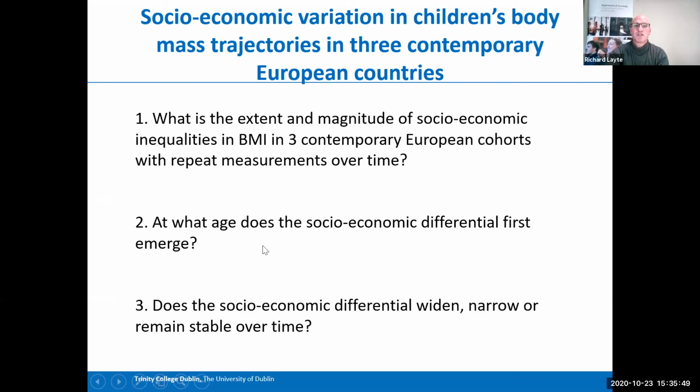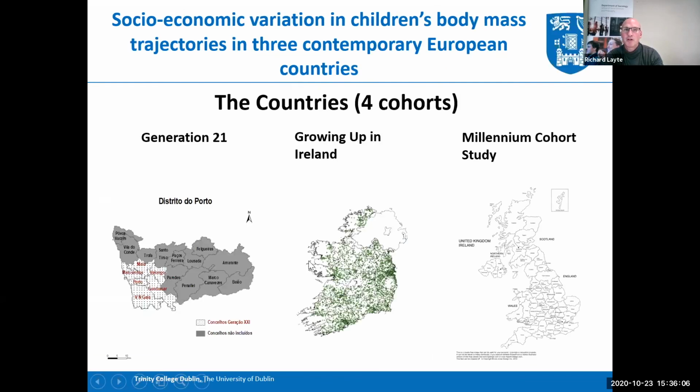So I've got an example of this in terms of a study of socioeconomic variation in children's body mass trajectories in 3 contemporary European countries. This is work I did with Cathal McCrory, using not only Growing Up in Ireland, but also Generation 21 from Portugal and Millennium Cohort from Britain.